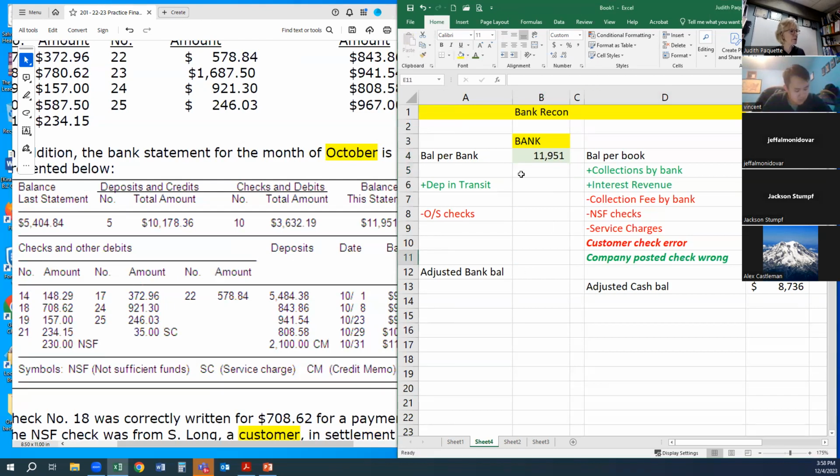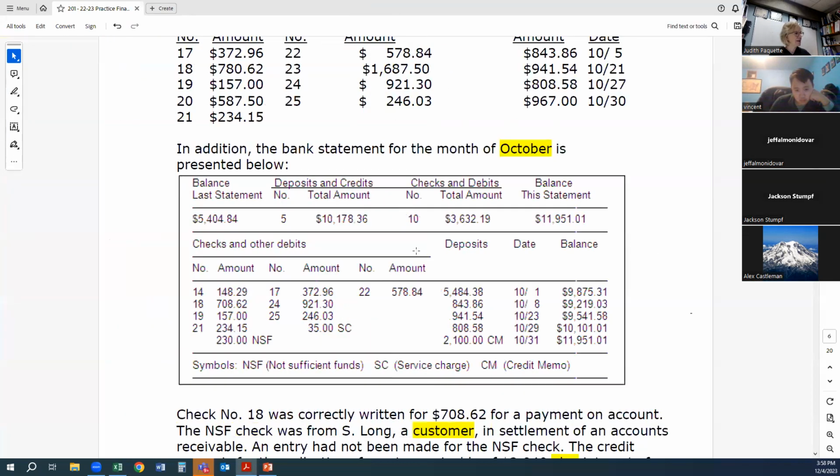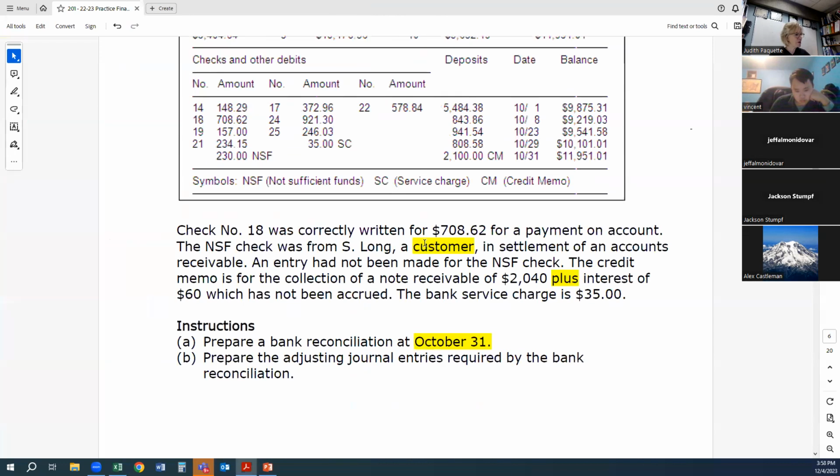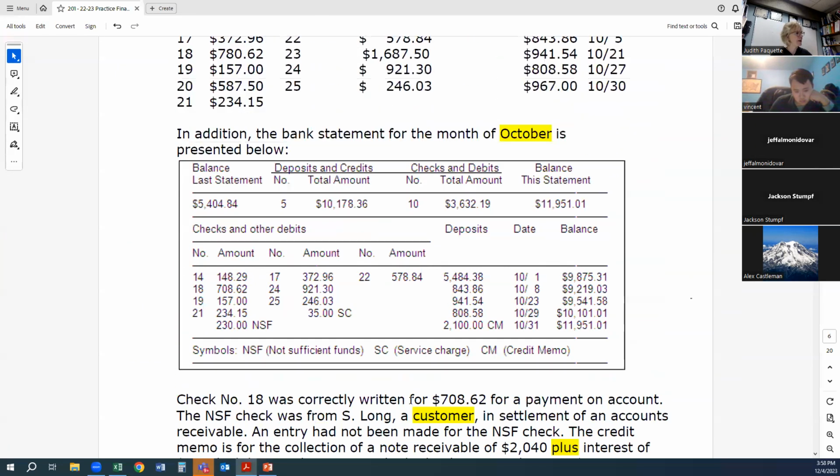All right, so now we say, are there any deposits in transit or outstanding checks? So this is how a real bank statement works. So let's go to the problem, and the problem says, give us a bank reconciliation October 31, and then prepare the journal entries, okay?